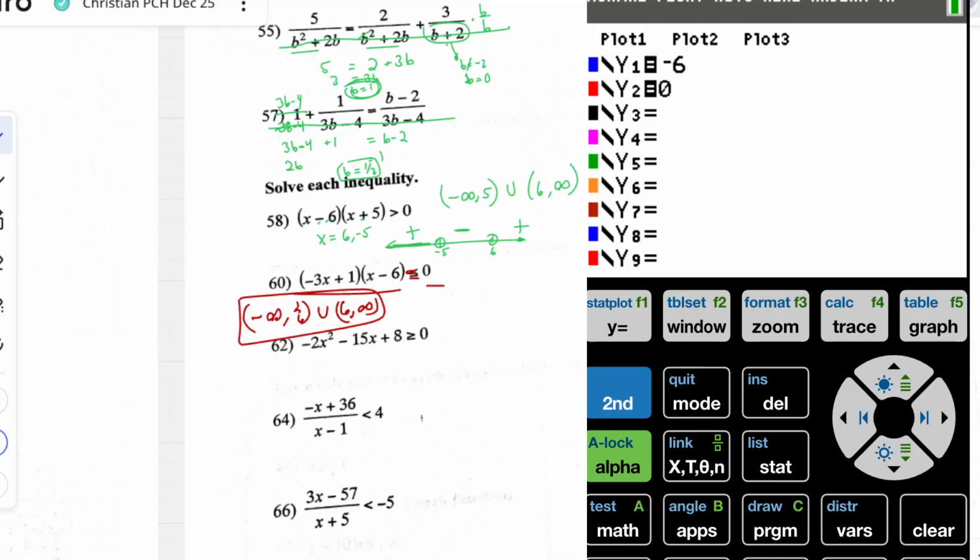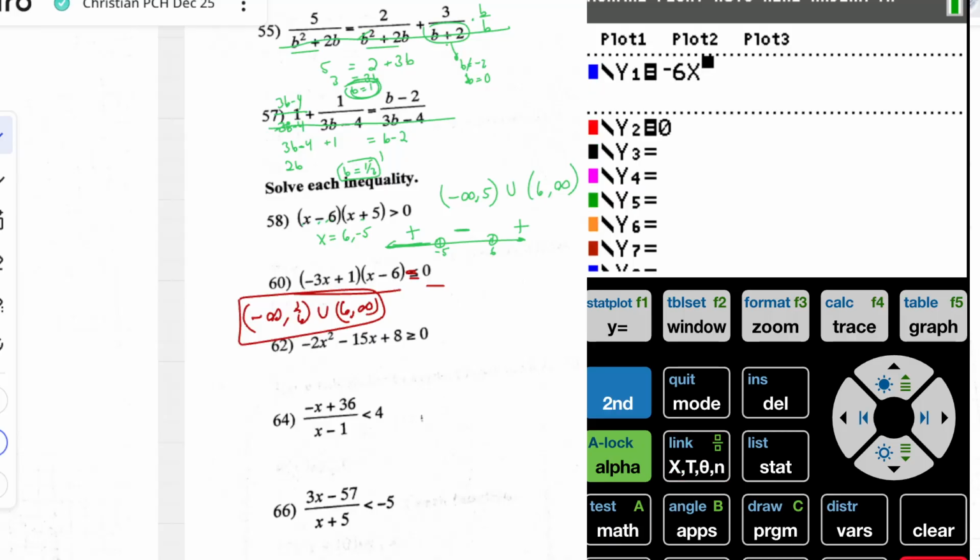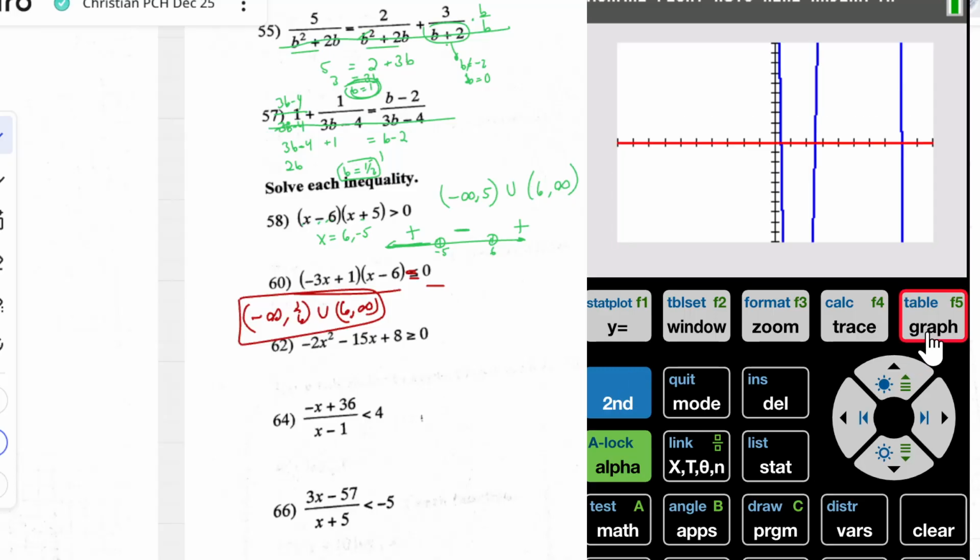Negative 6x... 3. All right, that took me so long. And the right side is 0 again, which it won't always be. Some of these, like number 64, have a 4 on one side. All right, so we'll graph that up.